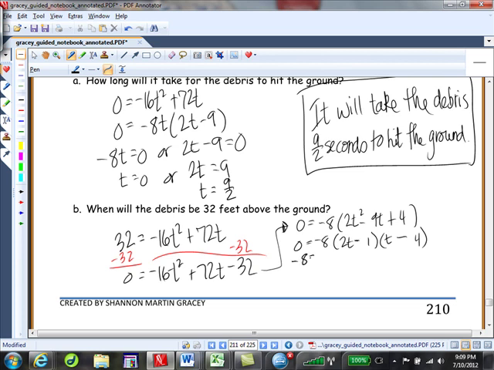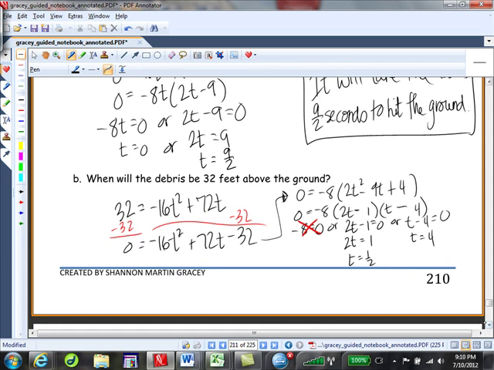Perfect. So I'll get negative 8 is 0, which we know is not true, or 2t minus 1 is 0, or t minus 4 is 0. Using our 0 property, that would be 2t is 1, t is 1/2, or t is 4.